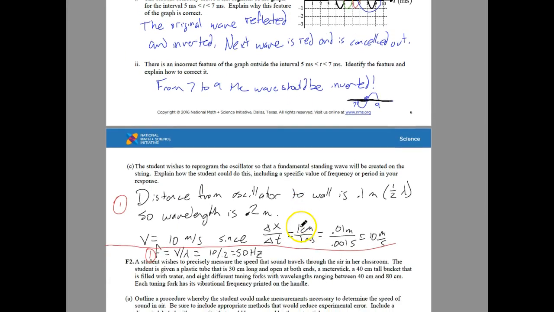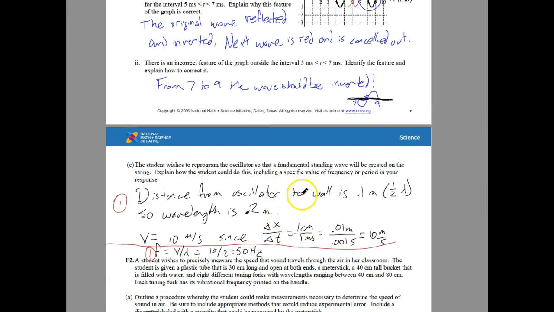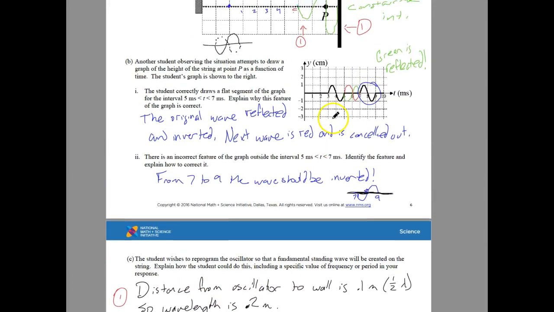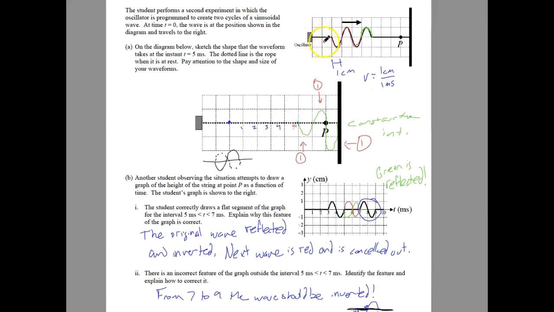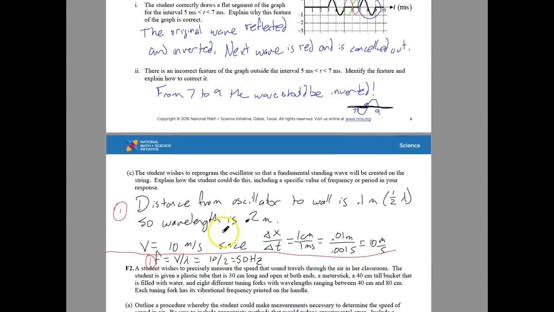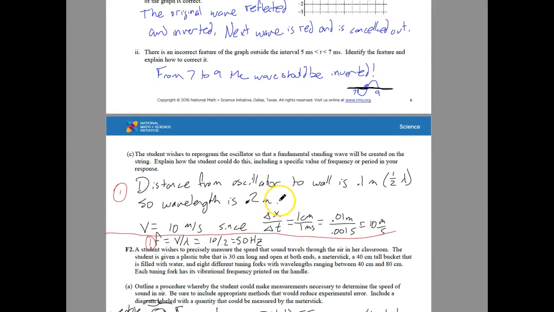For letter C, the student wishes to reprogram the oscillator so that the fundamental standing wave will be created on the string. Explain how the student can do this, including a specific value frequency or period in your response. So your distance from your oscillator to your wall here, you'll notice they've done 2 centimeters, okay, or 0.2 meters.